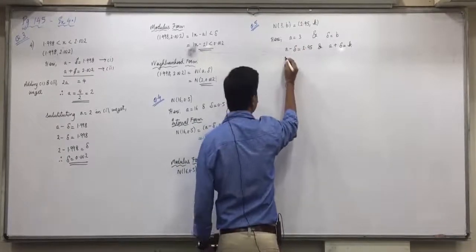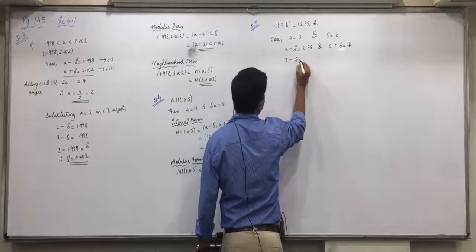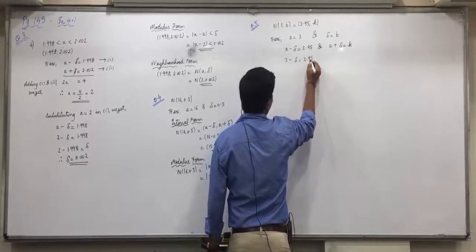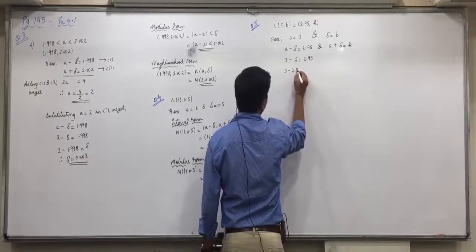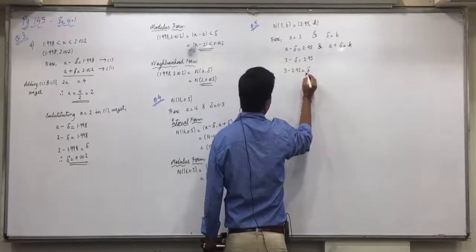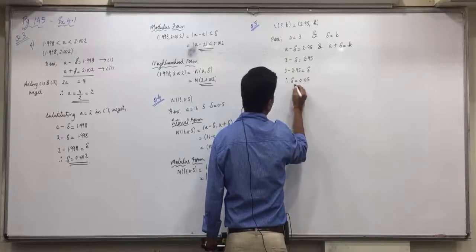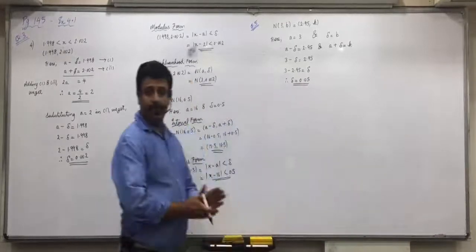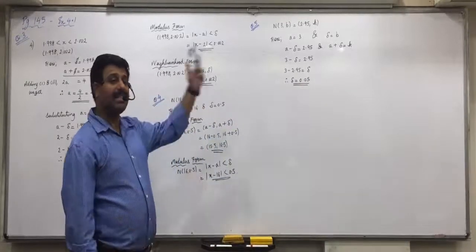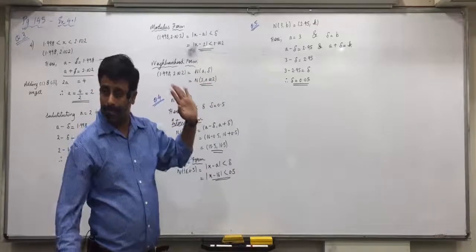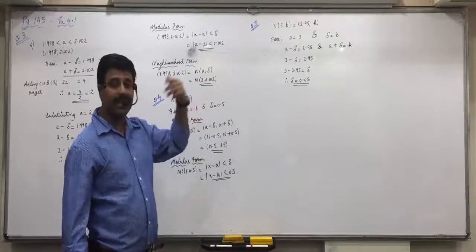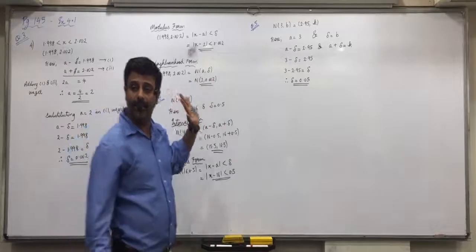So write down here 3 minus delta equals 2.95. 2.95 on the left side becomes minus, delta on the right side becomes plus, so 0.05. Now always put in the next equation, you'll get the other missing value.